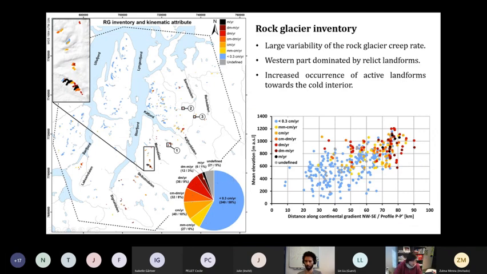And we can see there is a quite large variability of creep rate. And also there is a quite clear spatial pattern with the western part dominated by non-moving rock glaciers that are identified as relicts. And then it's more active in the interior, which fits with the expectation. It was partly also shown in the previous morphological inventories that these landforms here are relicts.